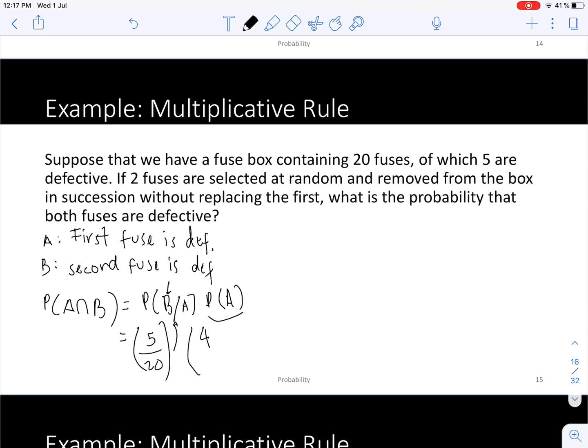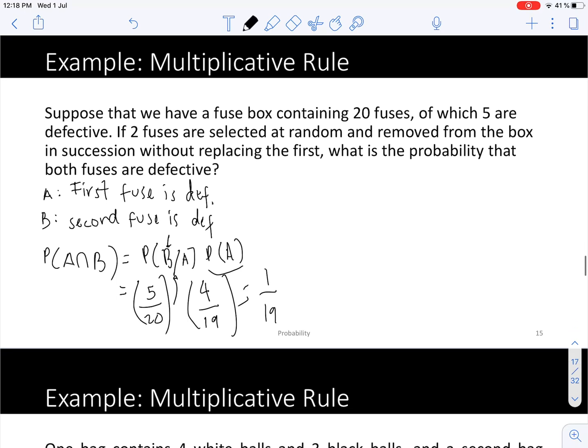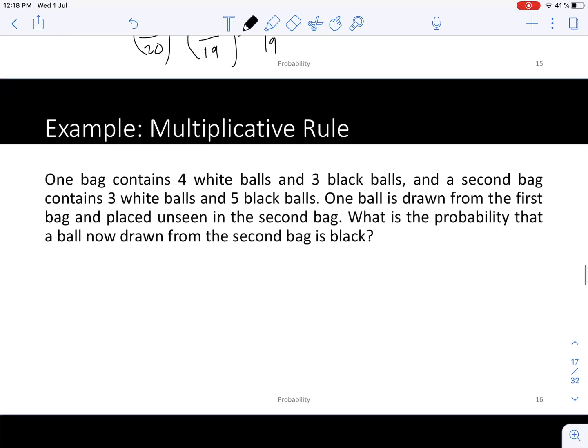Initially we had 5, but the first one that was picked was defective. So it's 4 divided by 19. Why 19? Because in the first event, 1 fuse was already selected.